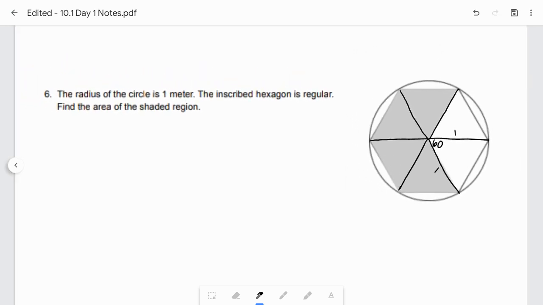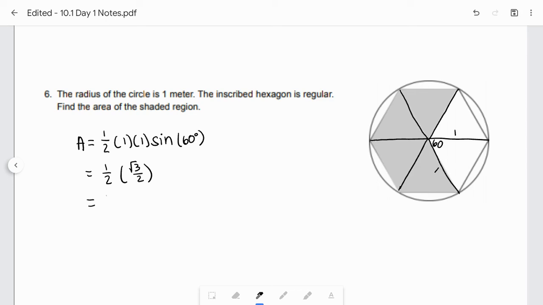So I can go ahead and find the area of an individual triangle and then just multiply that by the shaded triangles, which would be 4. So here I have the area of one of the equilateral triangles is 1/2 times 1 times 1 times sine of 60 degrees. So we end up having 1/2 times root 3 over 2.